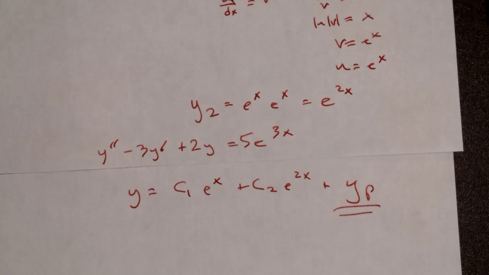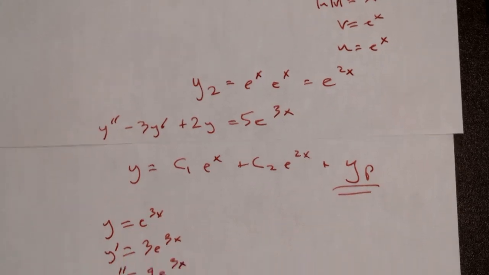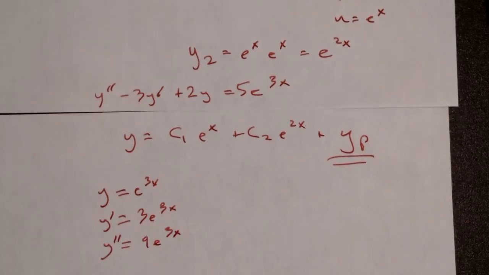So I've got to figure out where that e to the 3x is going to come from. It's got to come from some other e to the 3x's, right? Yes?